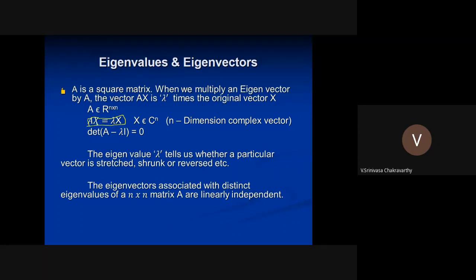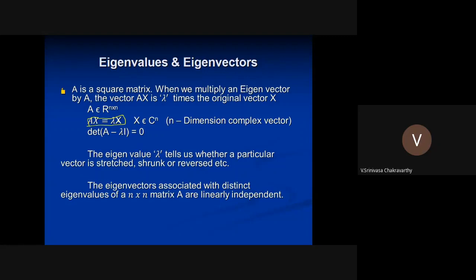When you multiply A and x, you simply get a result that is still just a scalar multiple of the same vector. That is, there's no rotation of the vector, there's only stretching or shrinking. This is the direction in which, when you multiply with the matrix, you get this kind of result.